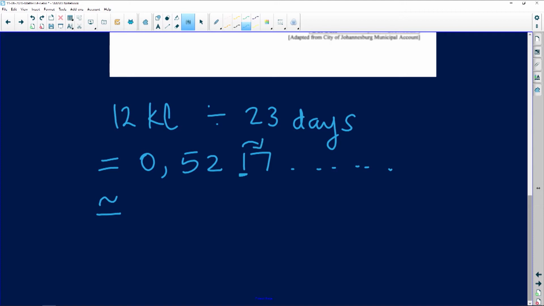So it's above 5, meaning that 1 automatically becomes a 2. So it becomes 0.522 kiloliters. Don't be scared. 0.522 kiloliters is a lot of water. Okay, that's the daily consumption that we are using. Beautiful, right? Stunning. All the clues are always there.